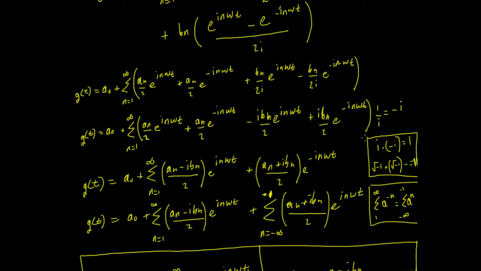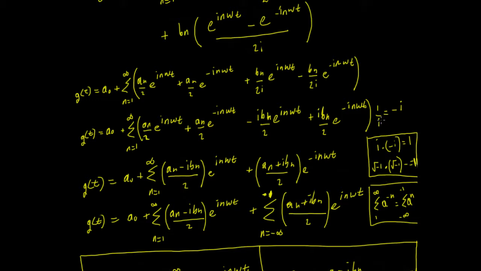We can see that because if we multiply these, i times minus i would have to be equal to 1. That's the square root of minus 1 times the square root of minus 1, but it's the negative of all of that. The first two terms give us minus 1 times minus, which gives a value of 1.